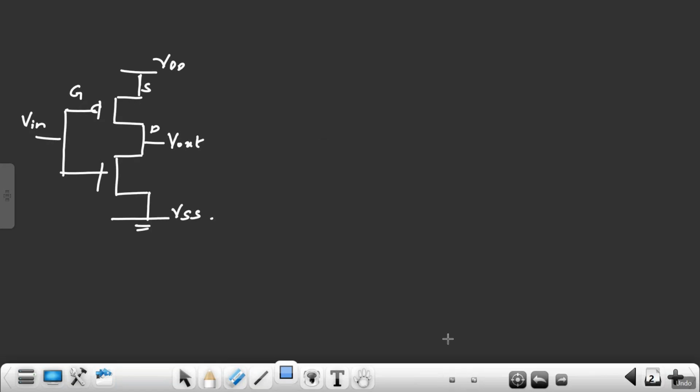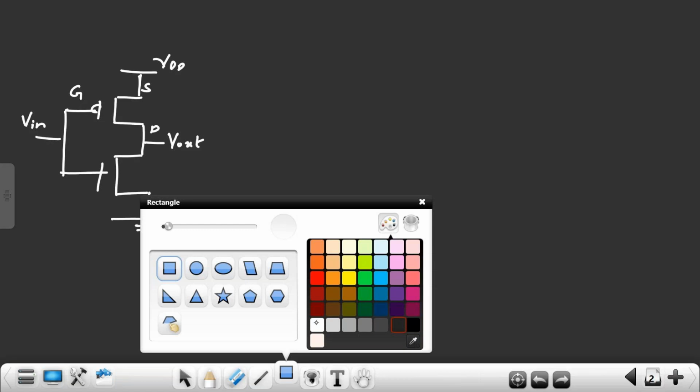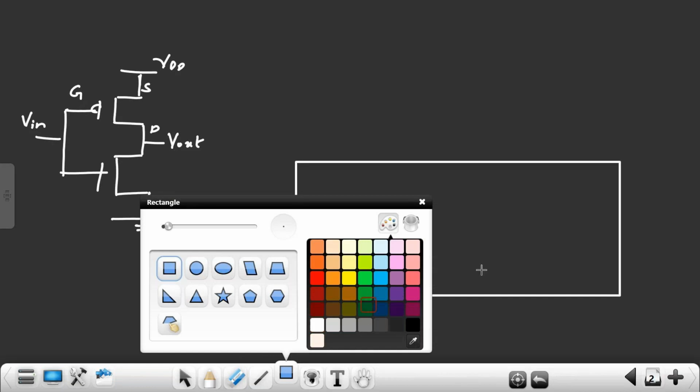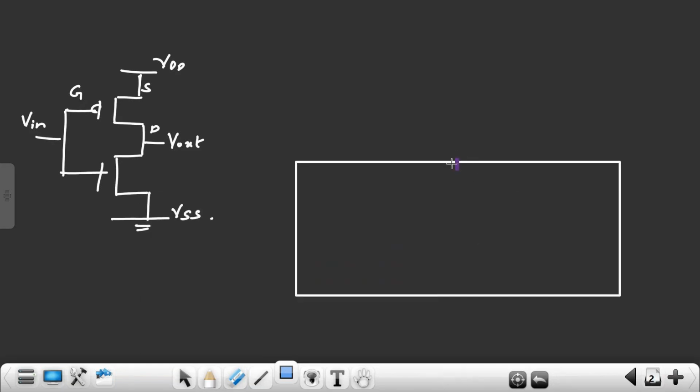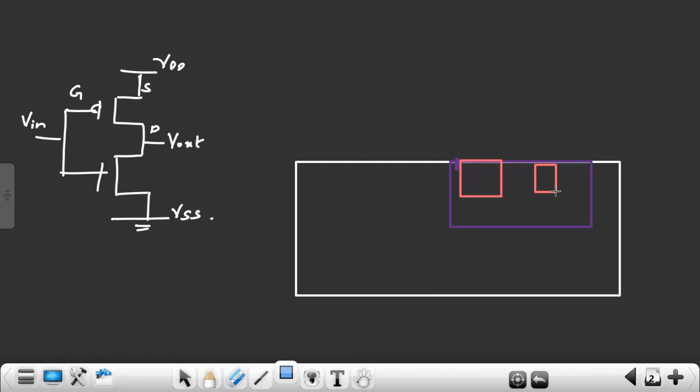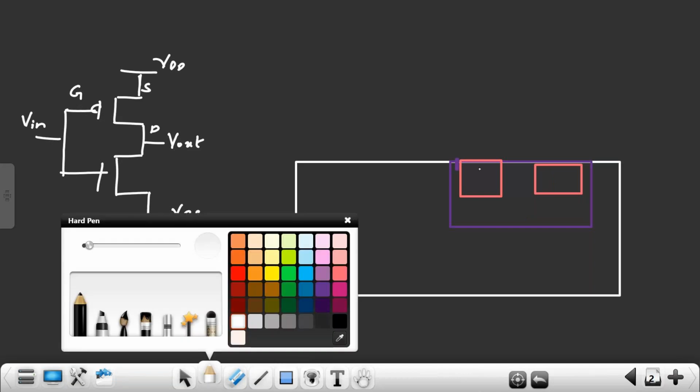CMOS has a P substrate. Inside this P substrate, you are going to create an N well. In the N well, you are going to fabricate the PMOS. You have PMOS source and drain in the N well, which is the P plus region.